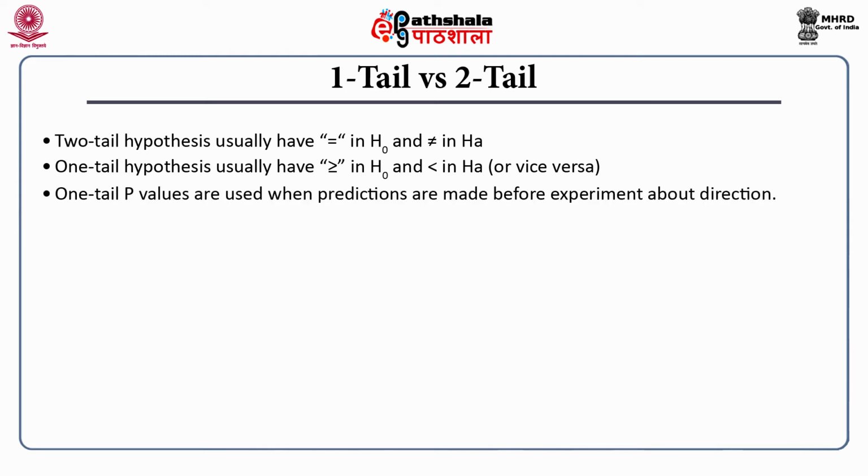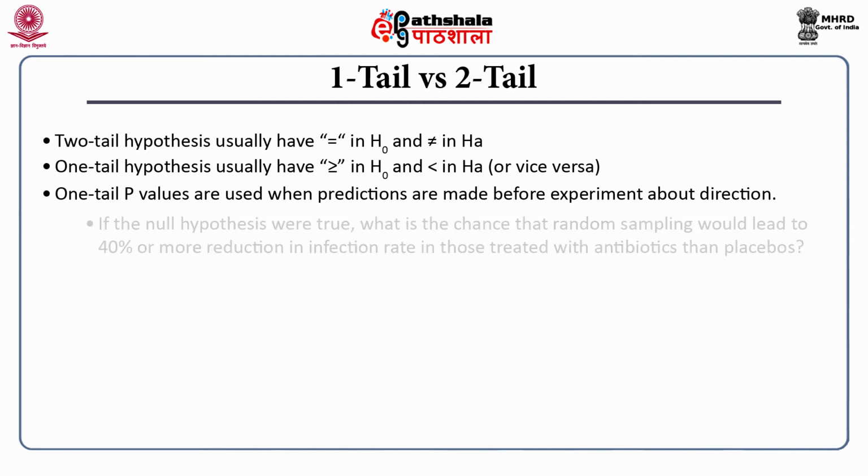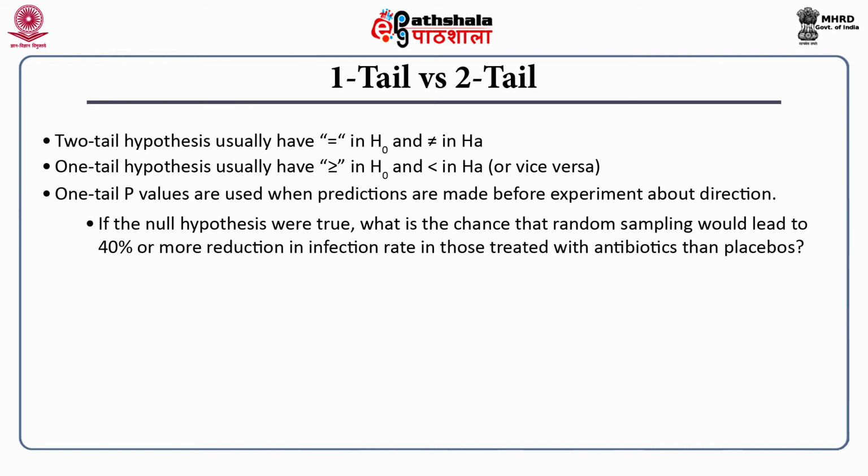One-tail p-values are used when predictions are made before the experiment about the direction. So if you know the directionality of your effect, then you use the one-tail p-value. If the null hypothesis were true, what is the chance that random sampling would lead to 40% or more reduction in infection rate in those treated with antibiotics than the placebos?